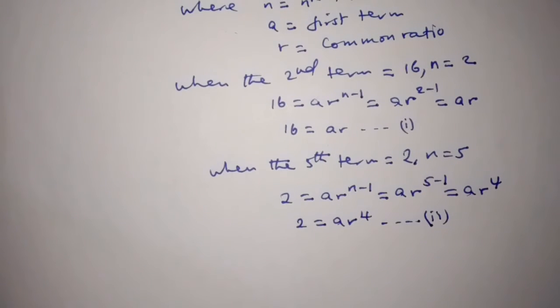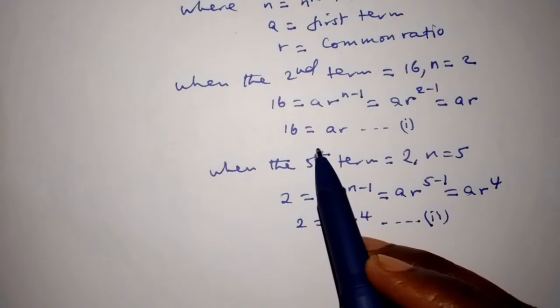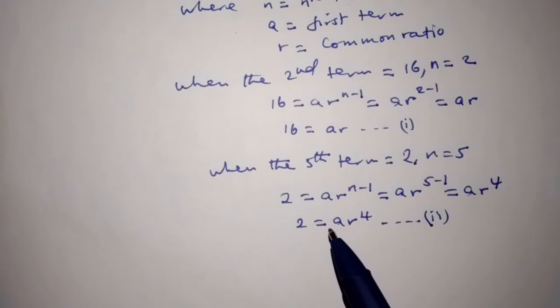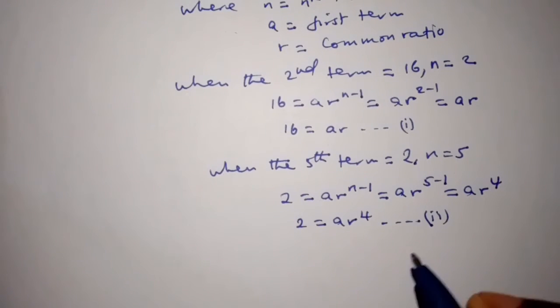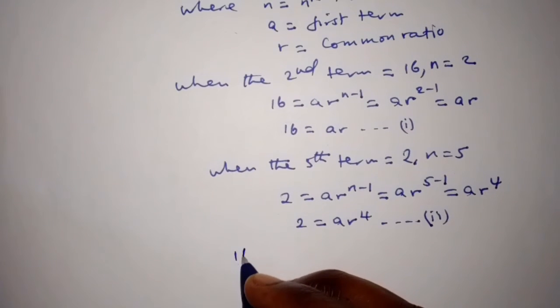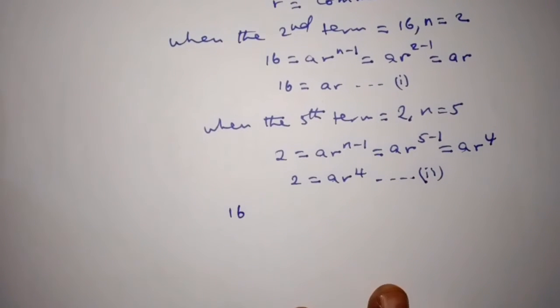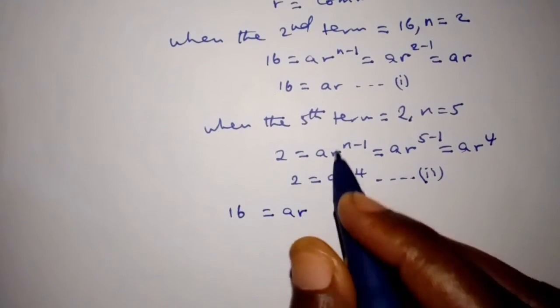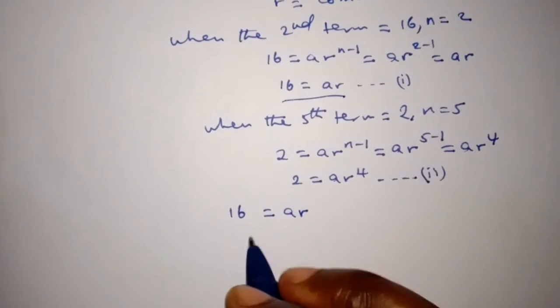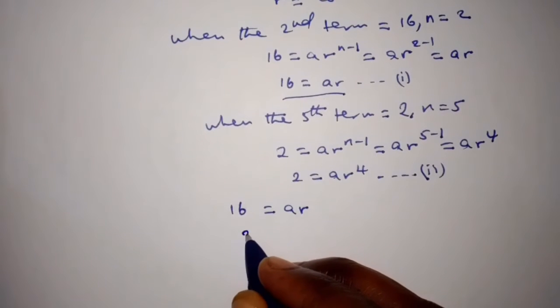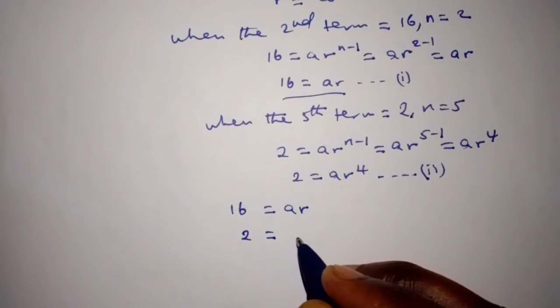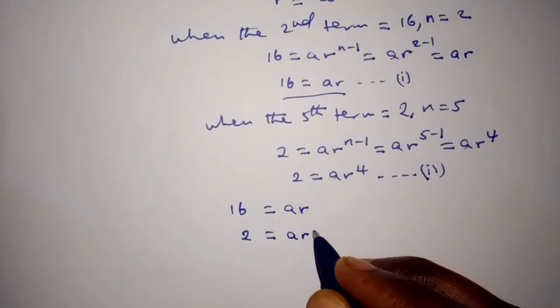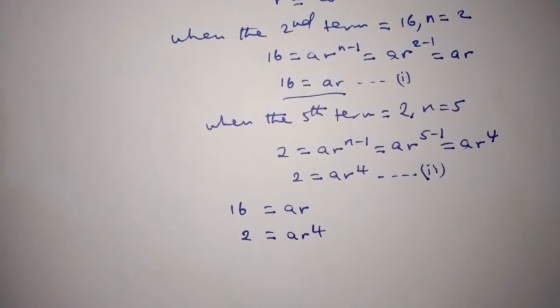So now we are having two equations, and we can use them to form simultaneous equations. We can say that 16 is equal to a r, and 2 is equal to a r power 4.